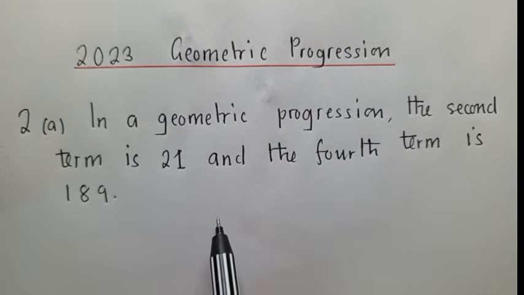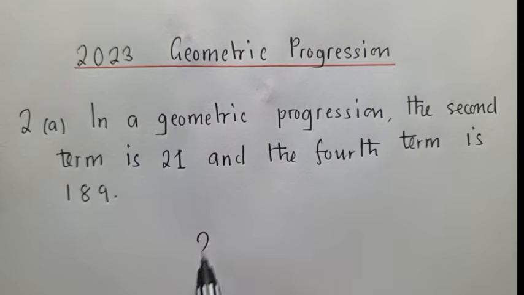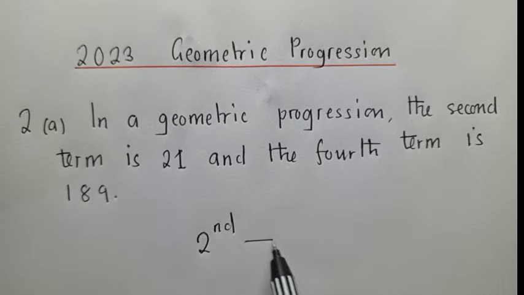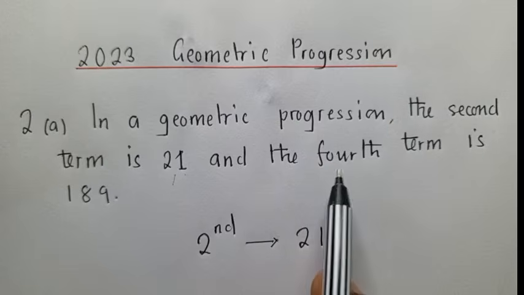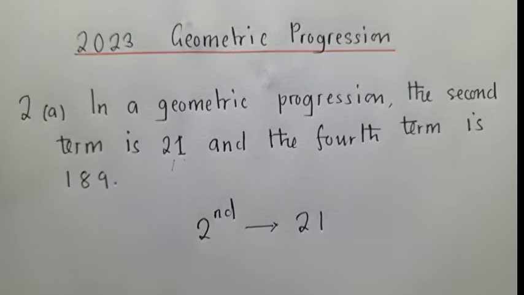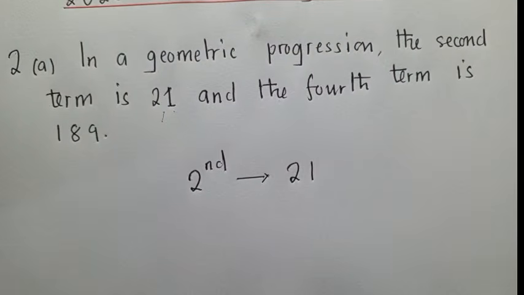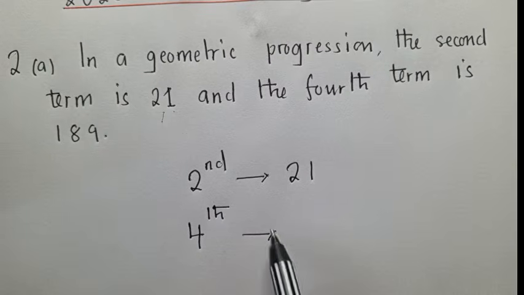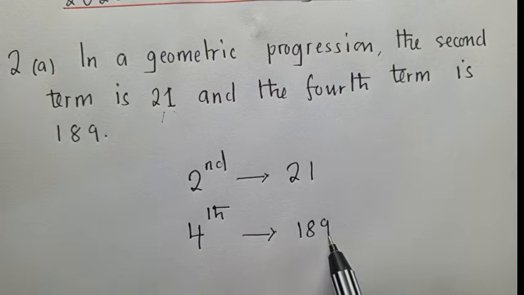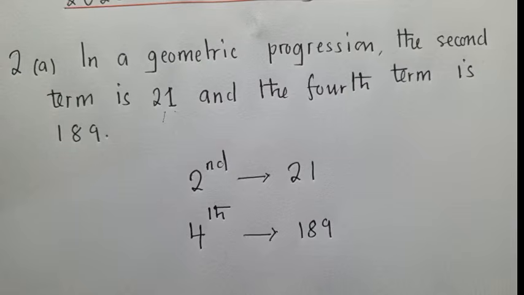This is how we write the second term: it's 21. And the fourth term, that is the term at position 4, is 189.